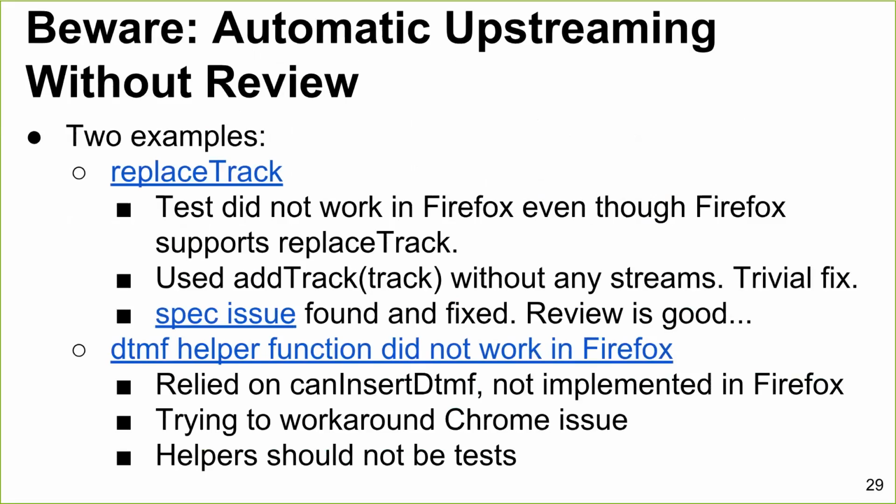Just on the first example though with the replace track, add track should, according to the spec, work without a stream argument. So that was a bug in Firefox. So that part seemed to work. I don't necessarily see a problem in that case, because those things do get fixed, and the test is correct.